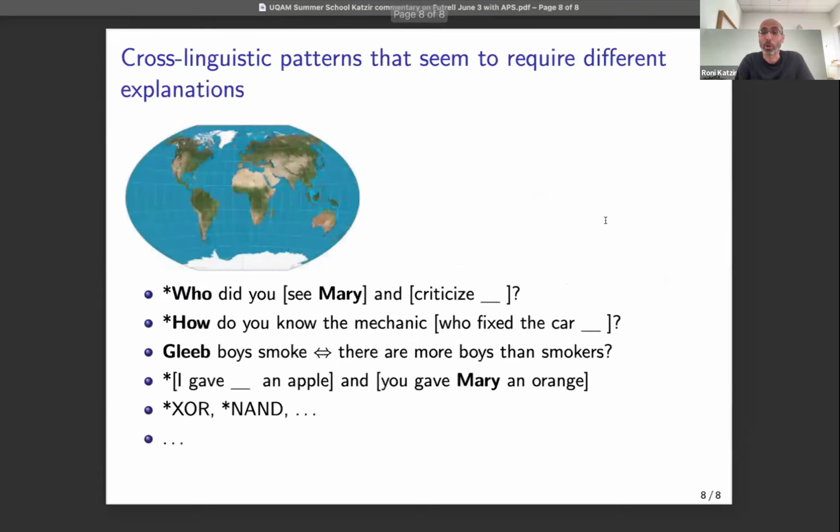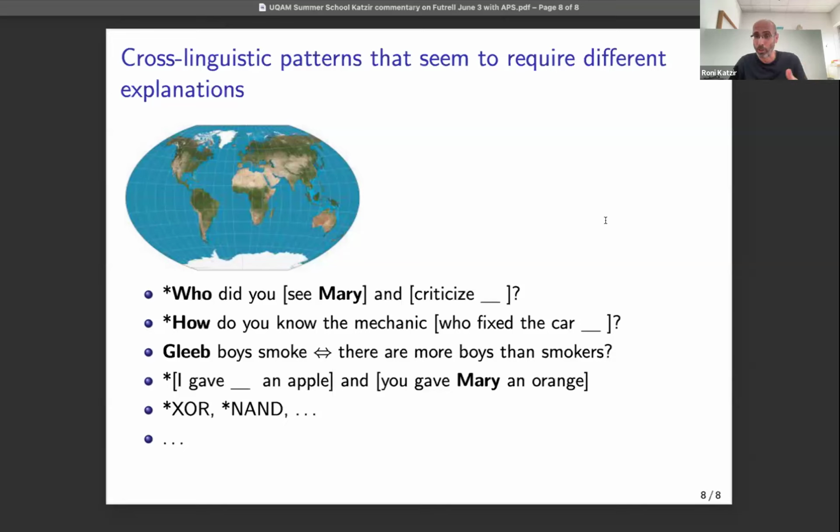And then, of course, there are lots and lots of different things that linguists have looked at, cross-linguistic patterns, that, at least to me, seem to invite very different kinds of explanations, not the kinds that have to do with information theory or locality.